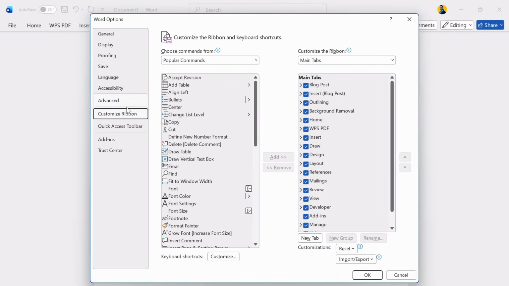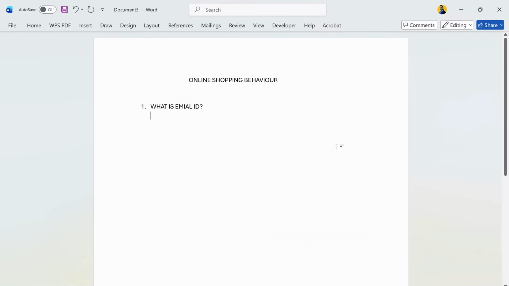When you select Customize Ribbon, you will get a pop-up like this and you will select Developer. In my case, it is already selected, but if it's not selected in yours, just select it and click OK. So you will get your developer tab in your ribbon area. So like this: what is your email ID, or what is your email?